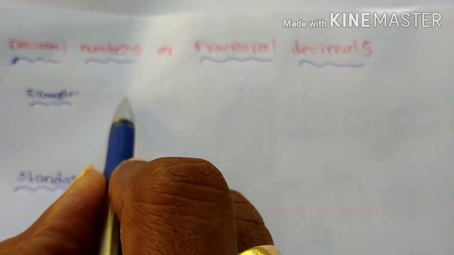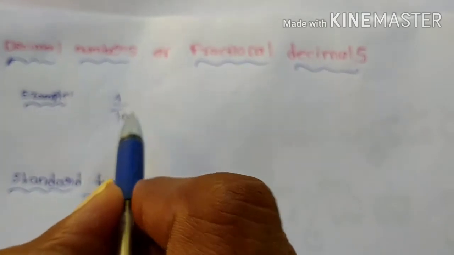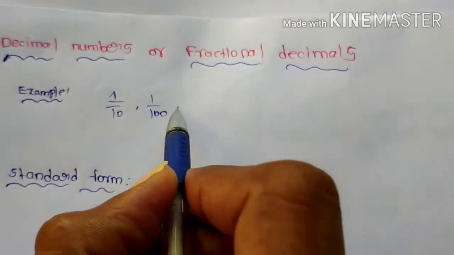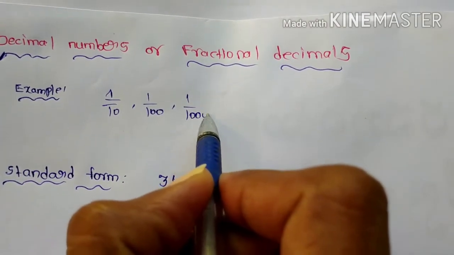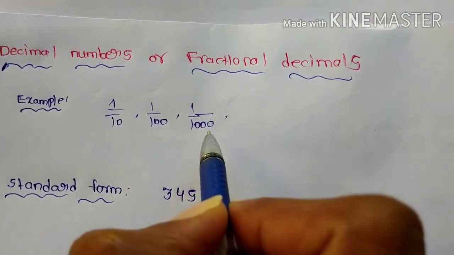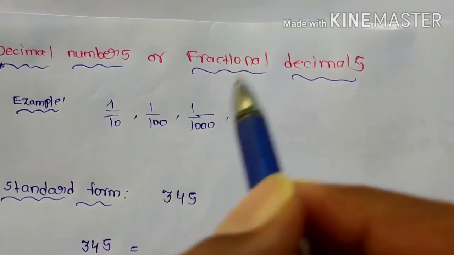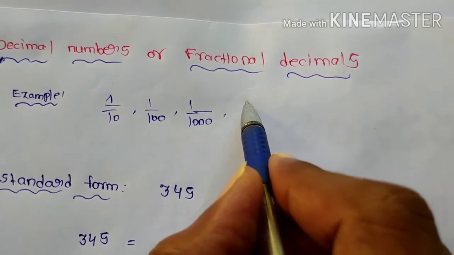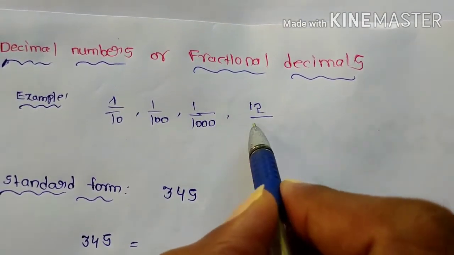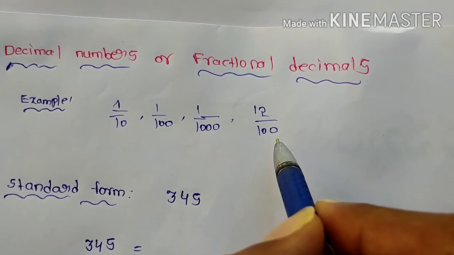That means you can see here 1 by 10 or 1 by 100 or 1 by 1000. These are all decimal numbers only. Or 12 by 100, also it is a decimal number.